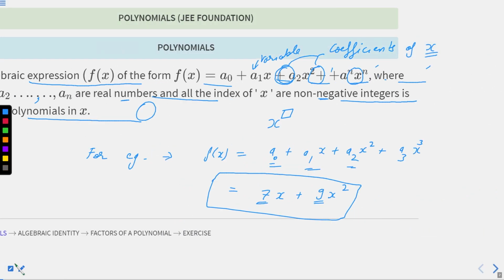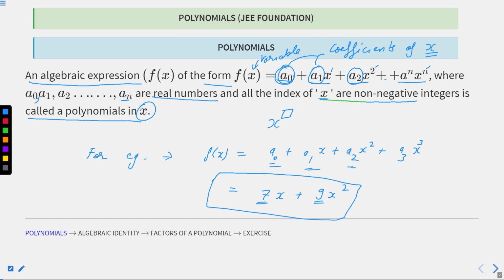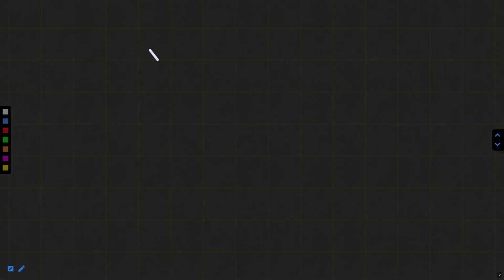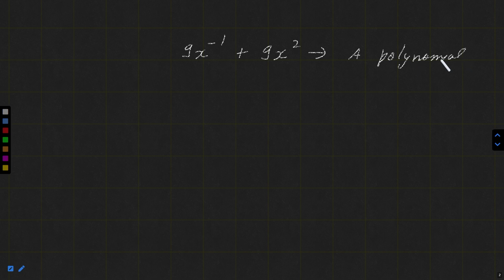Always remember, as you saw previously, the power of x must be non-negative. So if you are asking whether the expression x to the power minus 1 plus 9x square is a polynomial, the answer is no. Why?